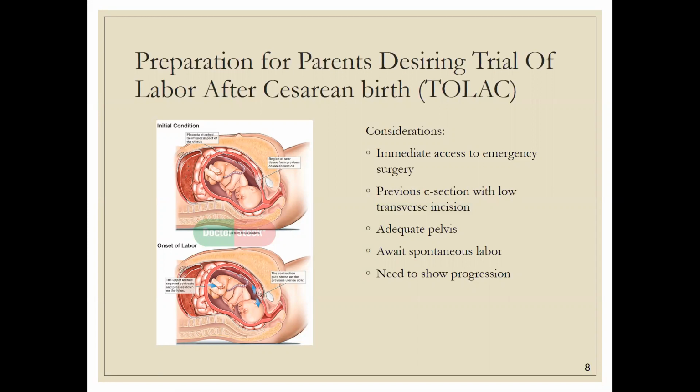A lot of our small local hospitals do not do them because there is a greater risk of the uterus actually rupturing. Once you've cut through the abdominal wall and you've cut through that uterus, once the body starts having contractions, it'll put stress on that uterus.